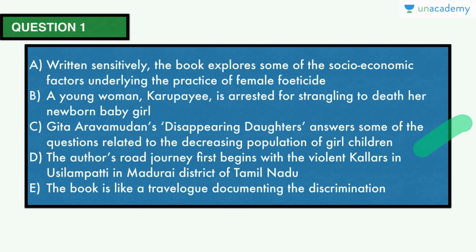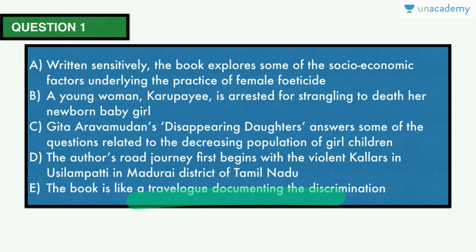So I think E will follow C. Why? Because it's like a travelogue documenting the discrimination. So you start off with the documentation part. This is giving some sort of an introduction, some sort of a follow up to see what the book is actually aimed at doing. It is aimed at becoming a travelogue documenting the discrimination.